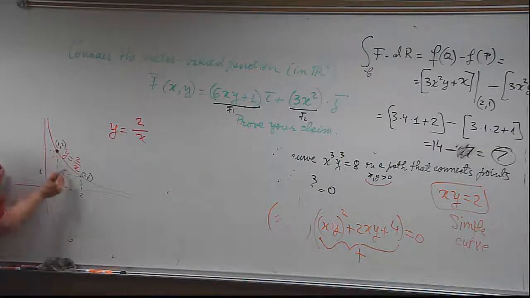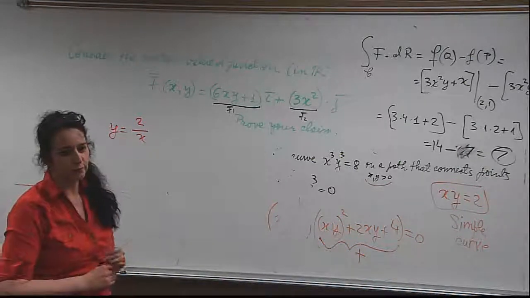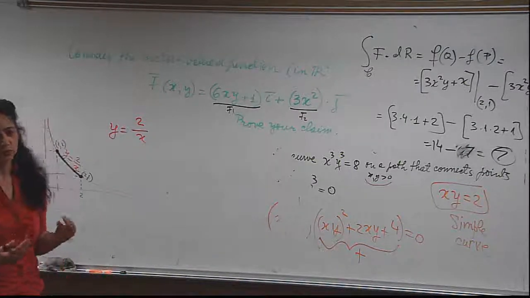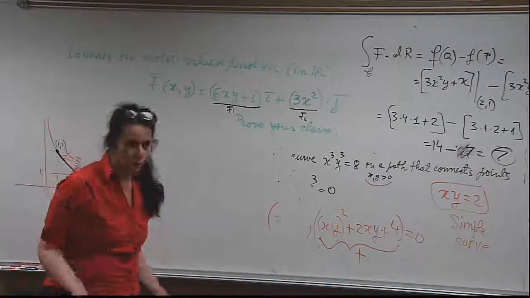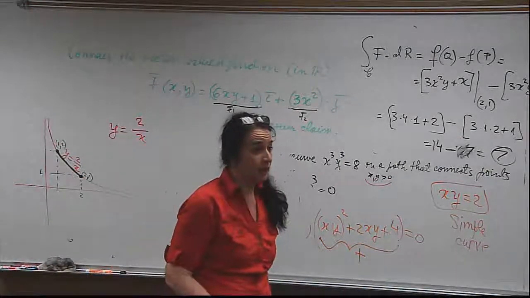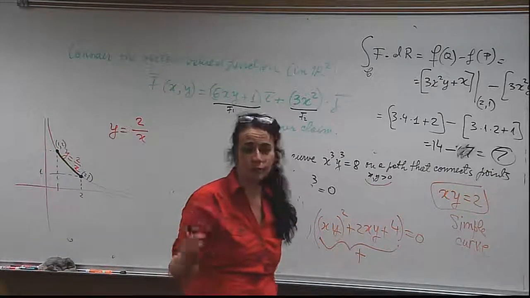Between the two points there is just one arc of a curve, and this is the path along which you are dragging some object with force F. Maybe you're computing the work of a neutron between those two locations. It's a hyperbola.